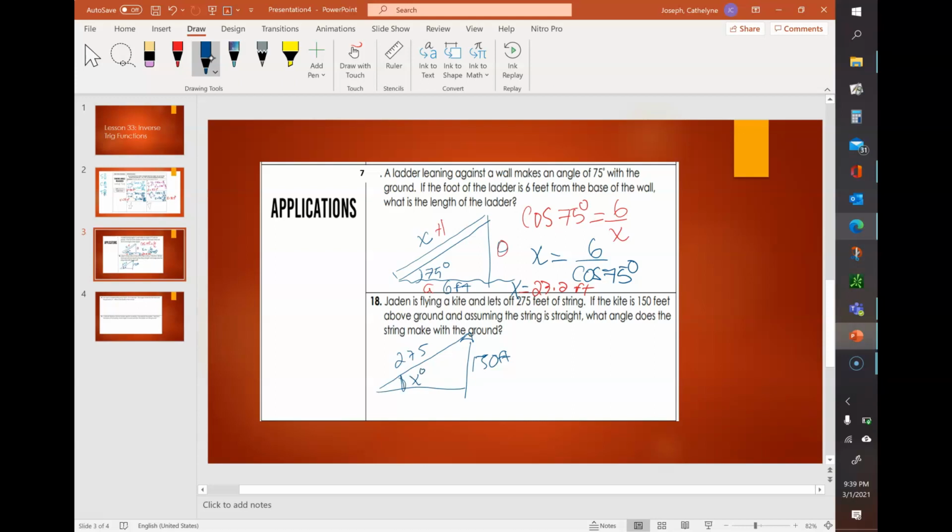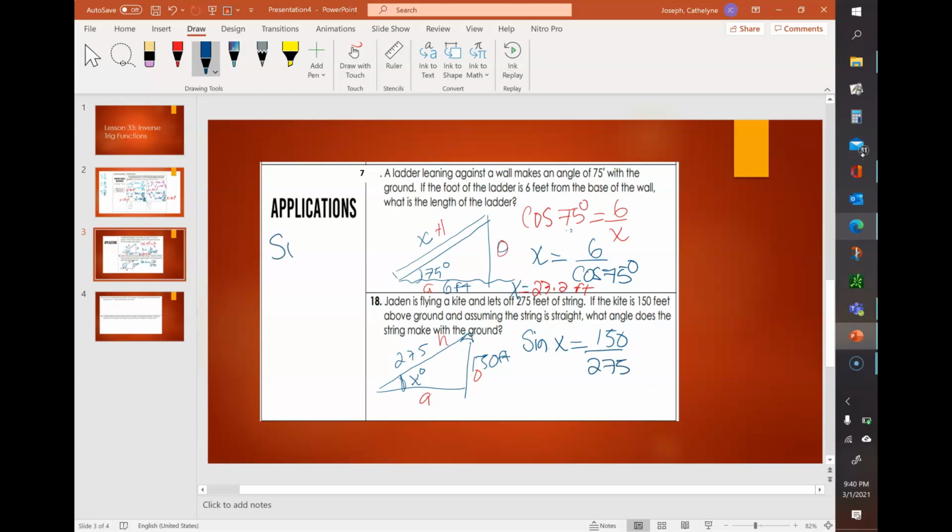So this is where, again, when we're finding the angles, we use the inverse. All right, so let's go ahead and label. So this is going to be H, O, and A. So here, it's going to be 150 over 275.